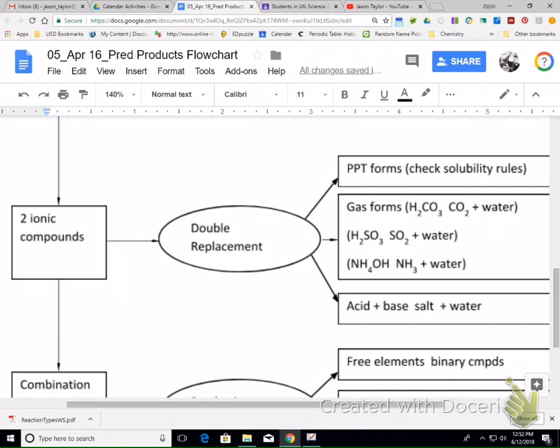Another driving force could be a gas, and those are kind of difficult because you're not used yet to how gases look. So let's talk about that. Gases are typically covalent compounds, CO, CO2, NO, NO2, so that's two nonmetals. And another characteristic is that they are usually lower molecular weight.